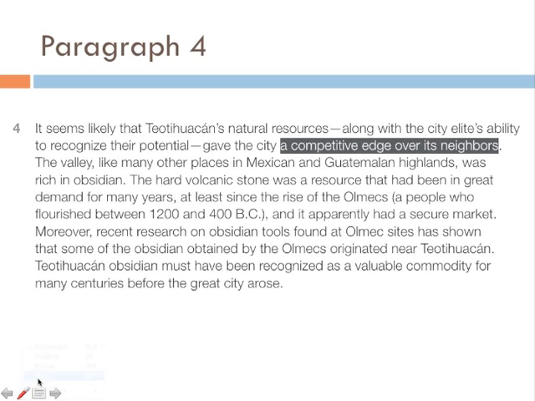Well, as we scan through the text itself, I do notice that there is a mention of the exact same wording, recent research. So this looks like we probably need to start in the second half of the paragraph. And then notice some of the other language, obsidian tools and Olmec sites, do seem very close to the prompt itself. So that's pretty helpful when it comes to trying to solve the answer.